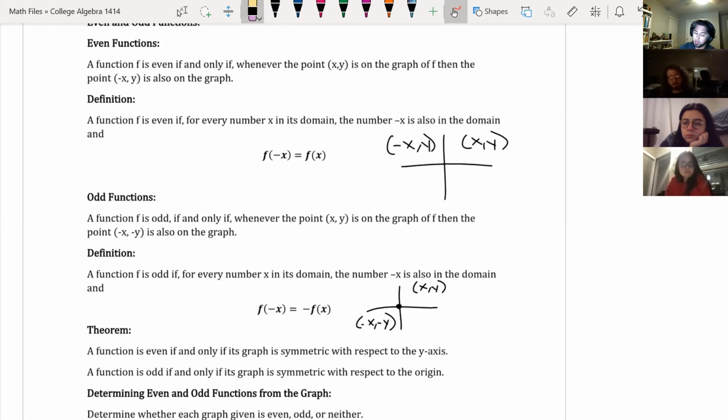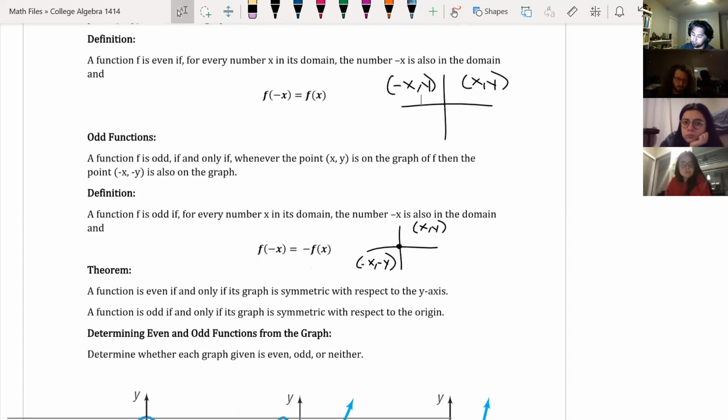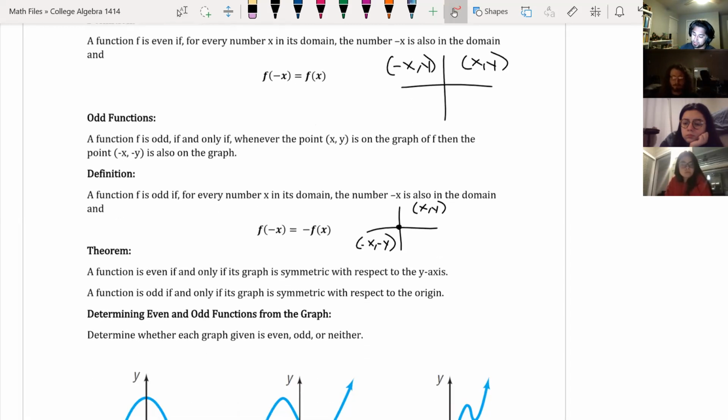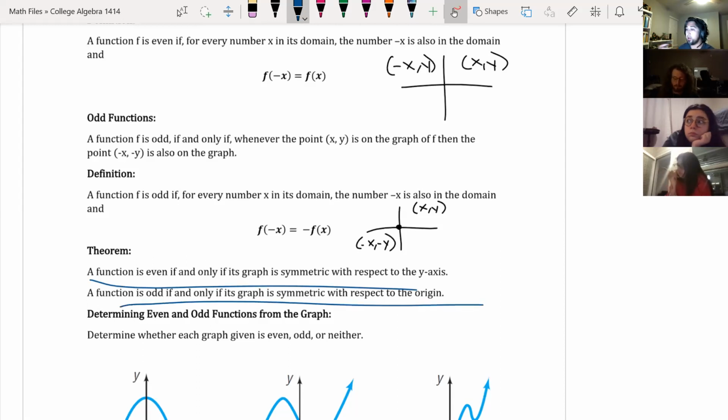And just like I've been saying, a function is even if and only if its graph is symmetric with respect to the y-axis, and a function is odd if and only if its graph is symmetric with respect to the origin.